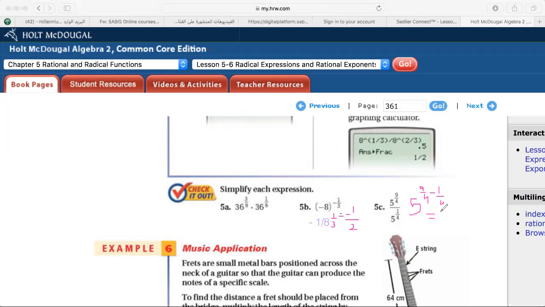So it's equal to 5 to the power 9 minus 1, which is 8 over 4. When I simplify the power, it will be 5 to the power of 2, which is equal to 25.